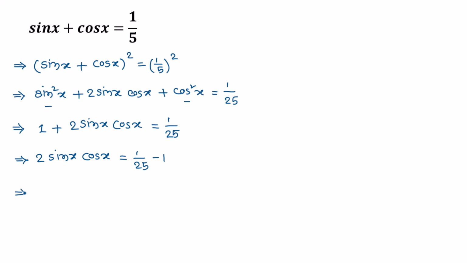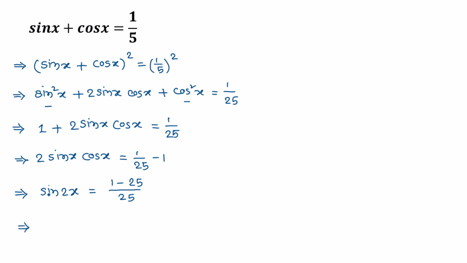Now 2 times sin x cos x, we can write as sine of twice x. This is the formula, and it will be 1 over 25 minus 1, which is 25 times 1 is 25, so negative 24 over 25.